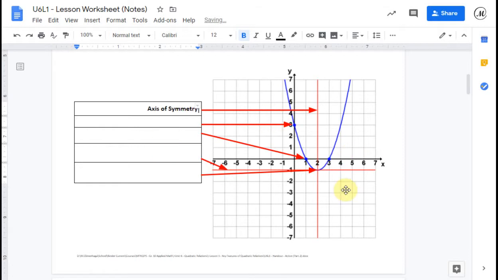And the axis of symmetry is the line that splits the parabola in half. And they use the word symmetry because when something's symmetrical, one half of it looks the same as the other. So our faces are symmetrical.